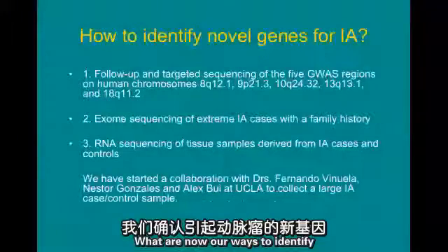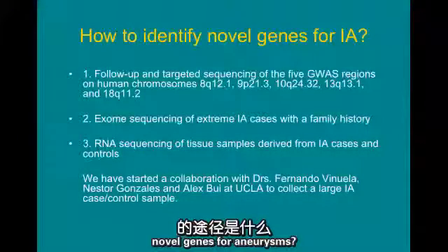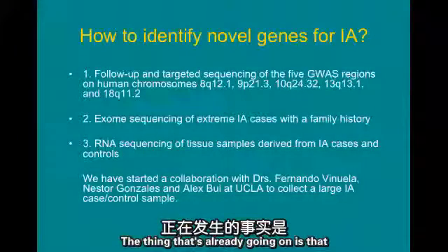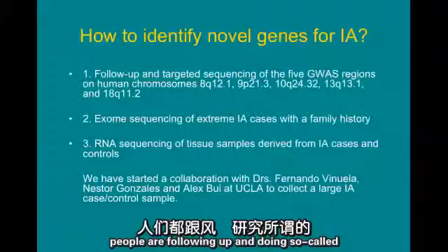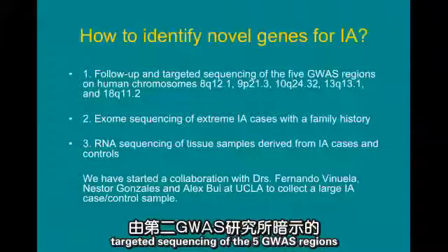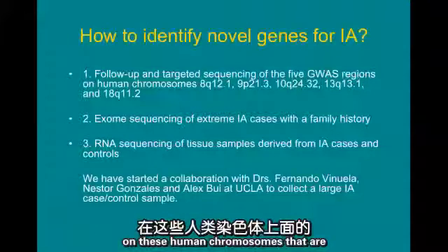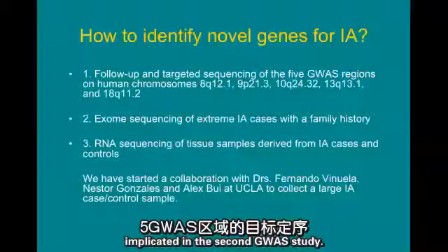What are now our ways to identify novel genes for aneurysms? What's already going on is that people are following up and doing so-called targeted sequencing of the 5 GWAS regions on these human chromosomes that were implicated in the second GWAS study.